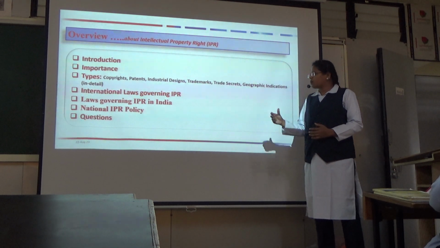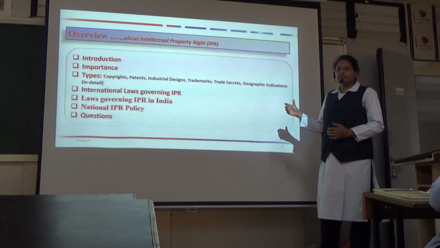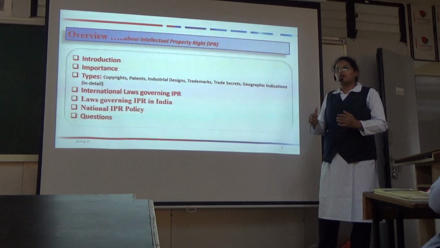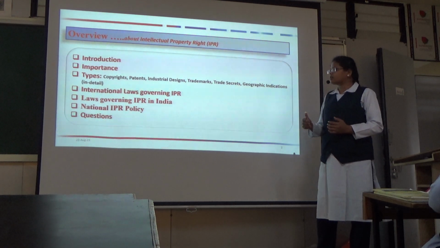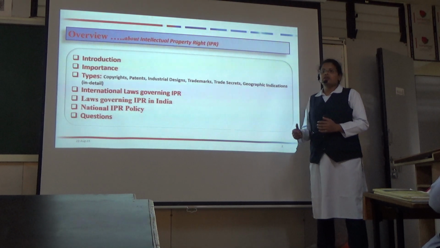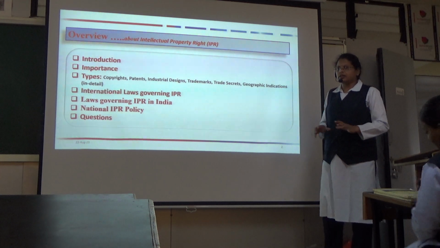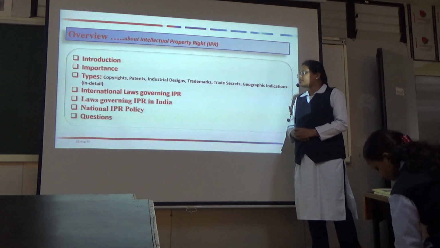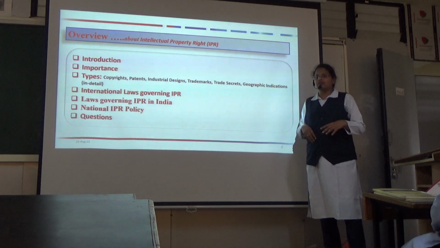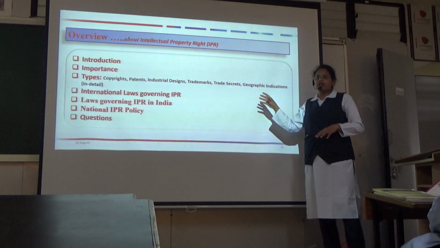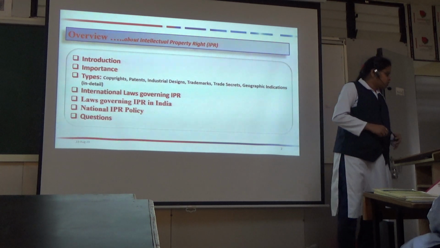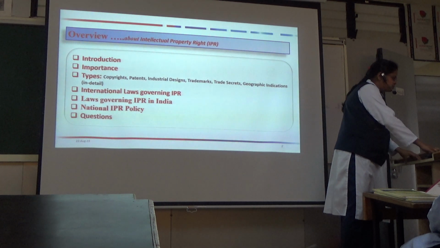Means we will discuss both the existing laws in India regarding property rights, and also the national property policy of the government, what the government is trying to do to improve this asset. Then we can discuss some questions, or you may have some assignment. Whatever we discuss, some questions will arise according to that, and we can see that. So let's start the session.